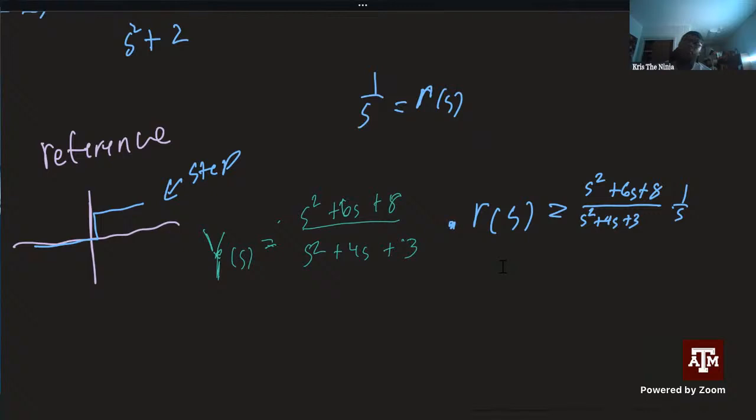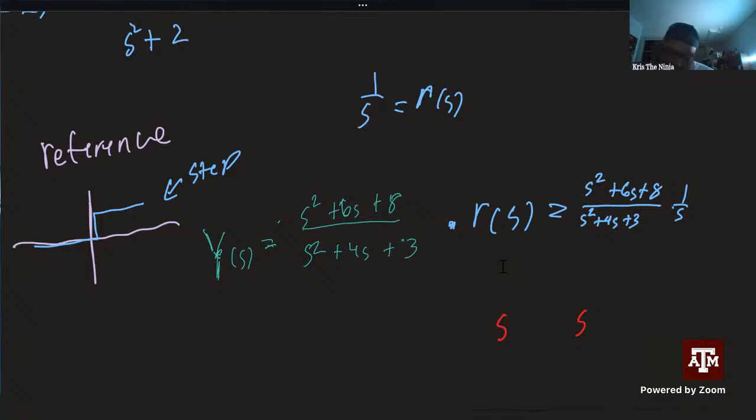So the best way to go about this is to split the bottom portion of the function up into its roots. I'm going to use red for the roots. To break this up, this is another algebra problem. You have s times some s, that gives you s squared. You have 4s and you have 3. What can you add together to get 4 and multiply together to get 3?